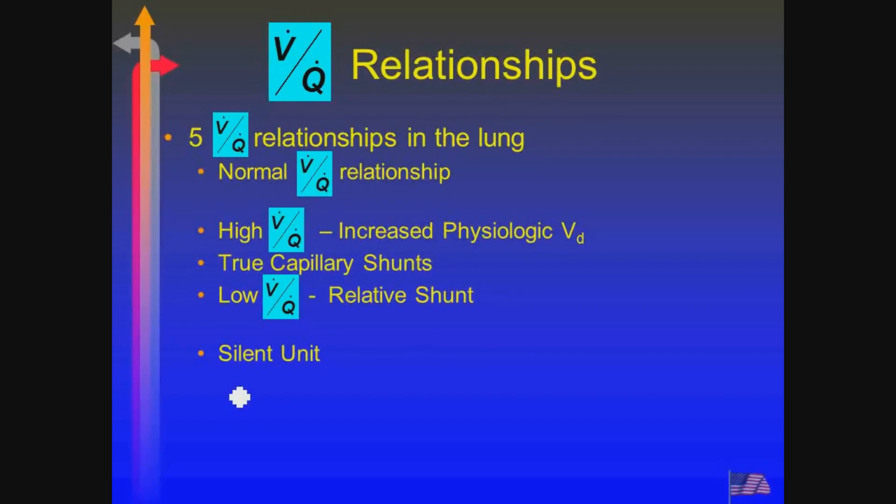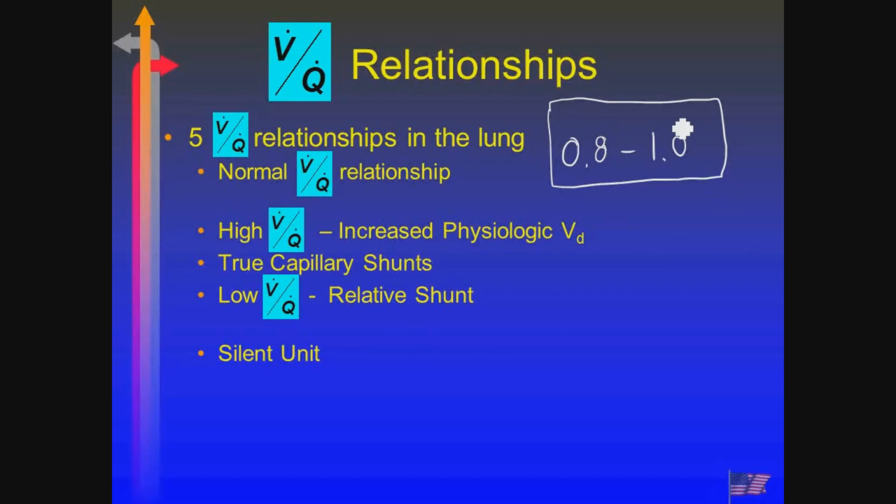We're going to consider the normal to be anywhere between 0.8 and 1.0. In the ideal world, it should be 1, right? For every milliliter of oxygen that enters the alveolus, there's 1 milliliter of blood flow going by. Perfect match. Reality is you don't quite get that, so something a little bit less than that.